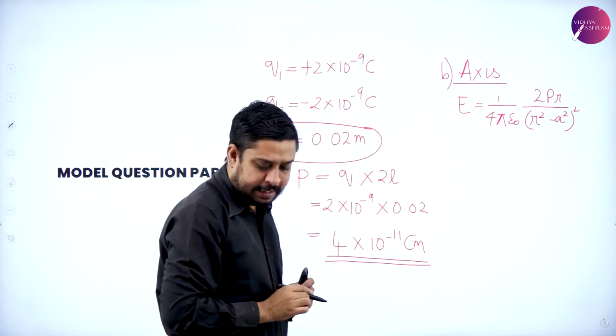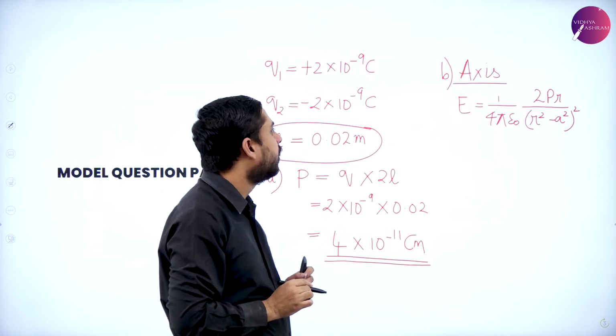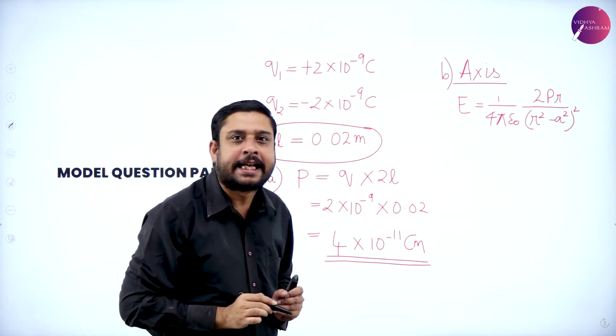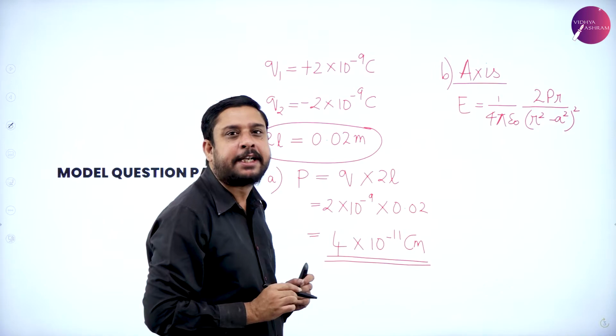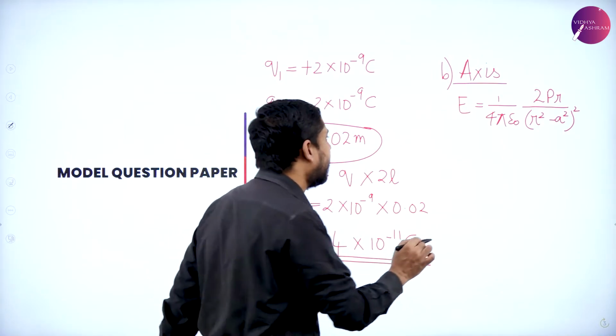So this is the expression for the electric intensity at a point on the axis.